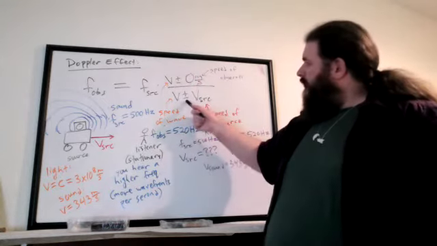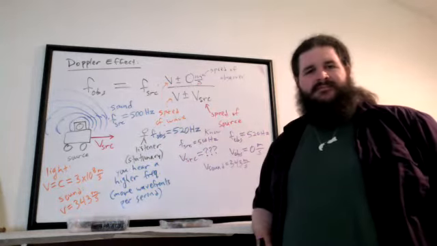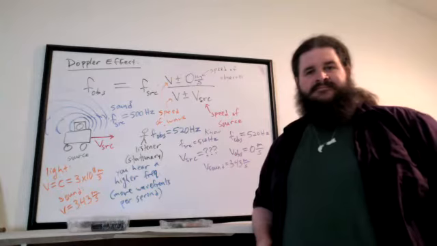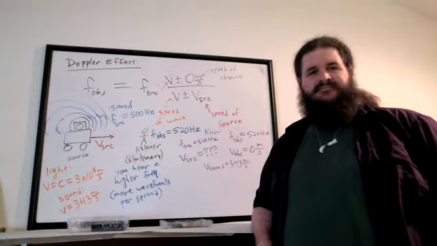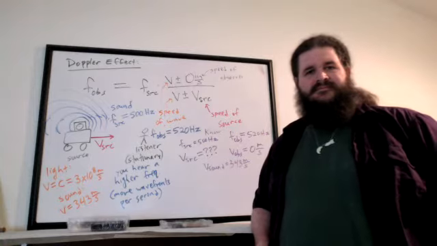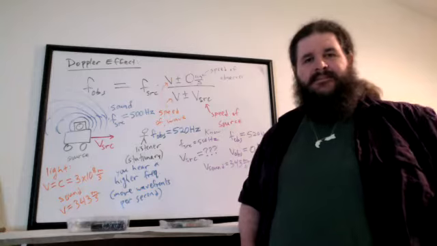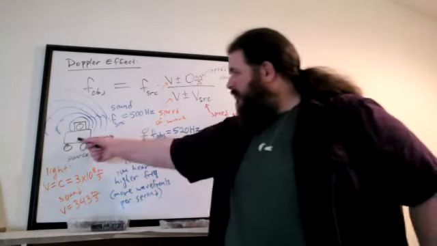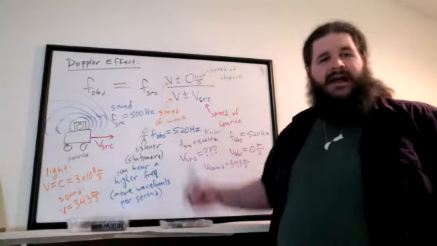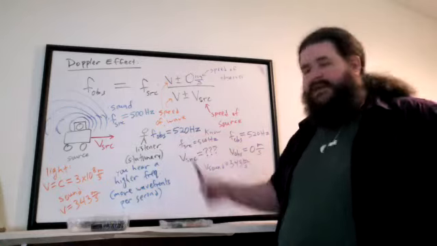How would we decide on a plus or minus for the denominator? Would it be a minus sign to make sure that the overall frequency would increase? Yeah, overall we want an increase. If the source is moving towards you, we're expecting to hear a higher frequency. In fact, we better get a higher frequency because that's the number we have here.